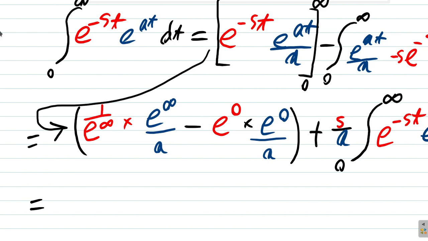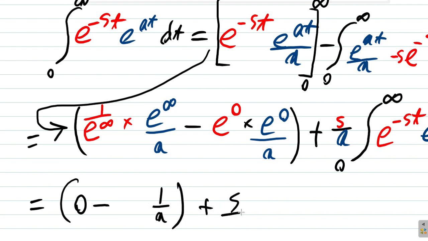So it goes to 0. So 0 over a, which is 0, minus e to the 0 is 1, times e to the 0 is 1 over a. So this amounts to negative 1 over a, alright?